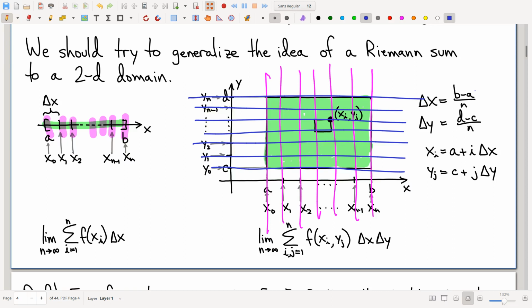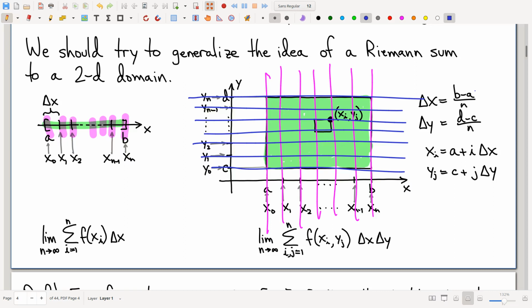So likewise here, this is just the strategy for how to compute an accumulating quantity. Maybe I have mass distributed across this area, and I want to compute the total mass.